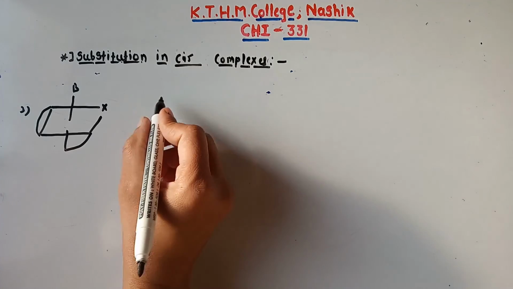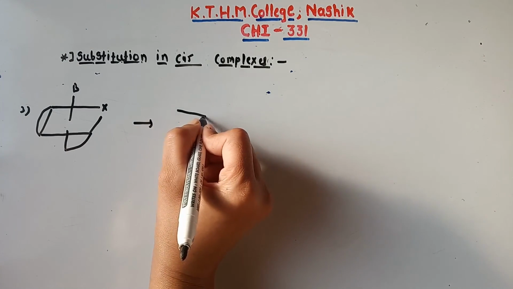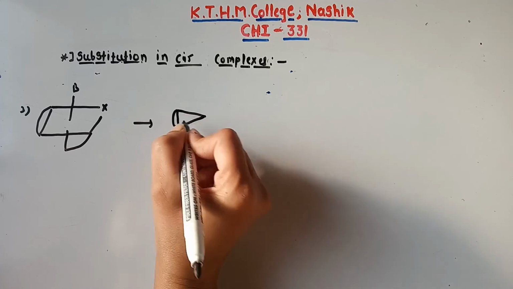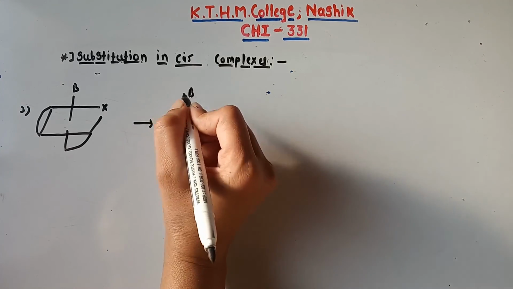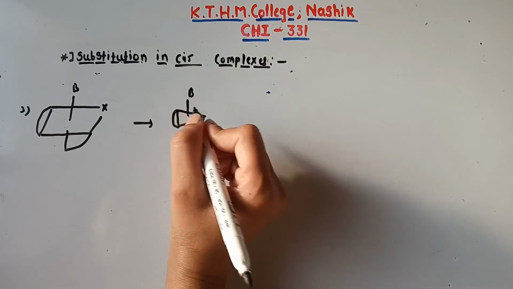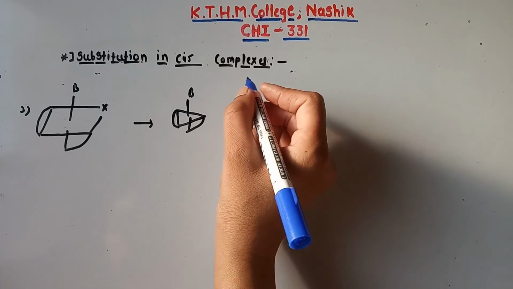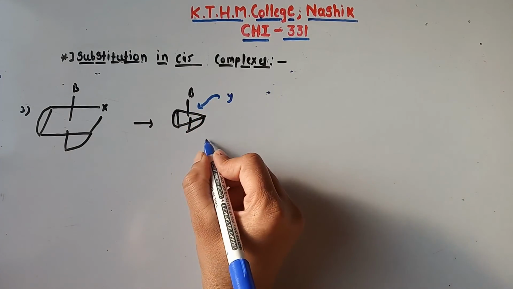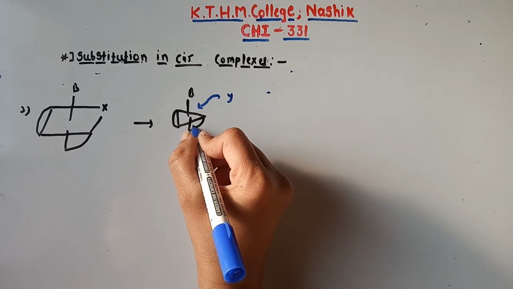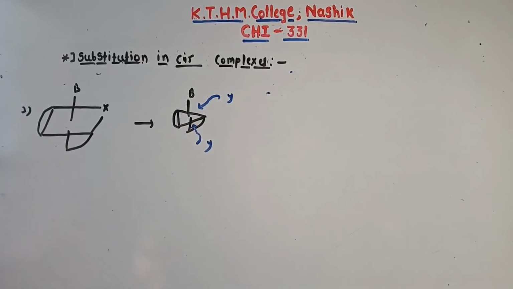When X is dissociated from this complex, we get less likely trigonal bipyramidal intermediate, where B is at axial position. In this case, again there are two possibilities. Either Y attacks from this side or Y attacks from this side. I directly show here. And one side is totally blocked for attack of Y.